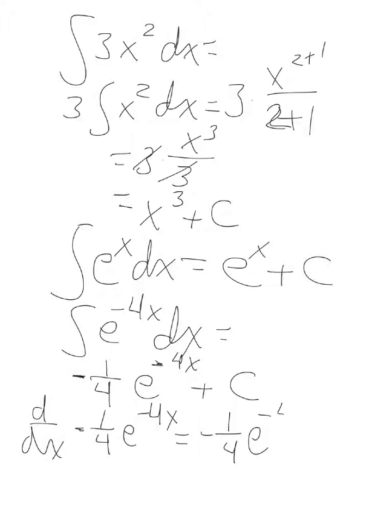I have e to the minus 4x, and then I take the derivative of this, but that's just going to be minus 4 times minus 4. The minus 1/4 times the minus 4 cancel, and that brings me back to e to the minus 4x, which is what I wanted. Okay? All right. Anything?